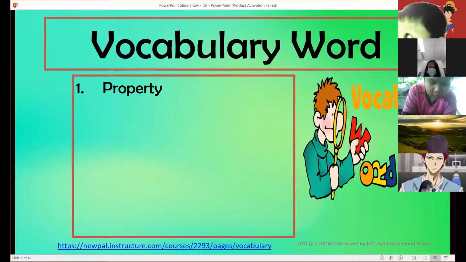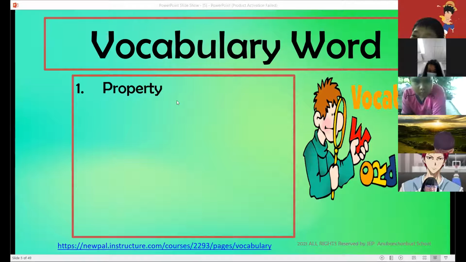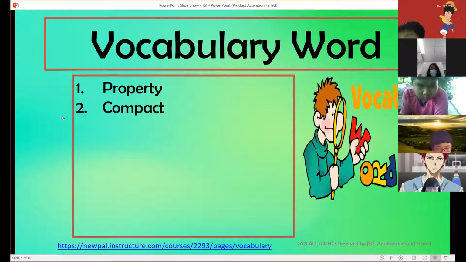So number 1 here, the first of the vocabulary words, is the word property. Okay, I want you to read it with me as well. Let's read it all together. 1, 2, 3. Property. Okay, let's read it again. It seems like there are only 2 students in 6/1. Number 1, property. Very good. Number 2, compact.